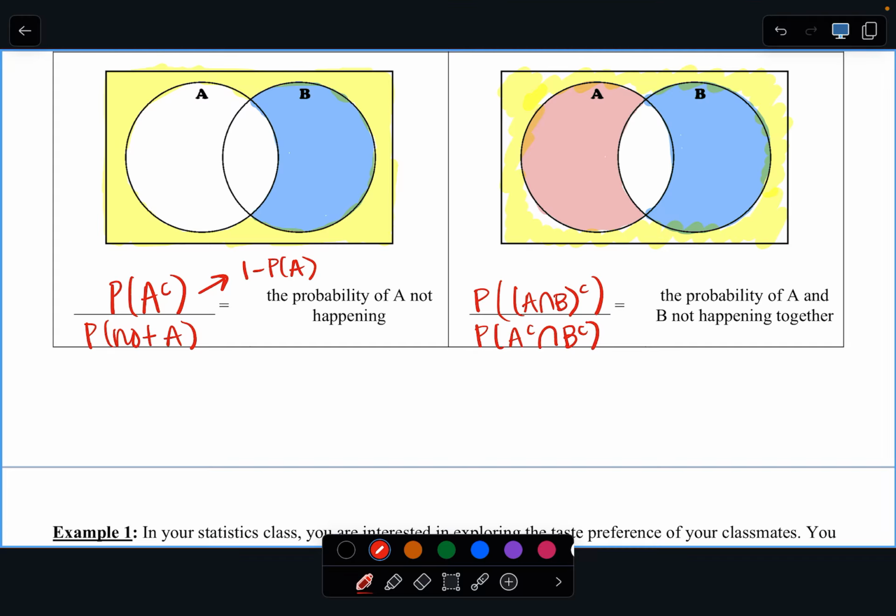I will say, once you get to these weird ones where you're only excluding one small piece of the puzzle, a lot of people prefer to just nix writing it in symbols, and they'll just say the probability of A and B not happening together. And that is fine. Remember, College Board isn't necessarily going to require that you use symbols.